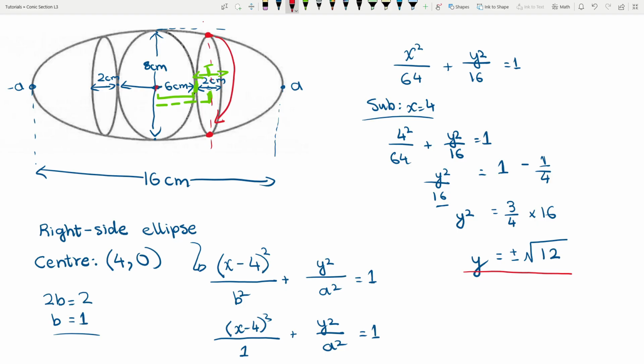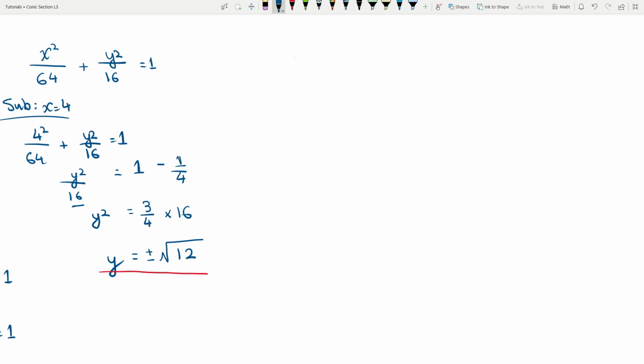So below the axis is negative square root of 12, and above is positive square root of 12. I hope that makes sense. So therefore, our a value, the major axis, equals square root of 12.